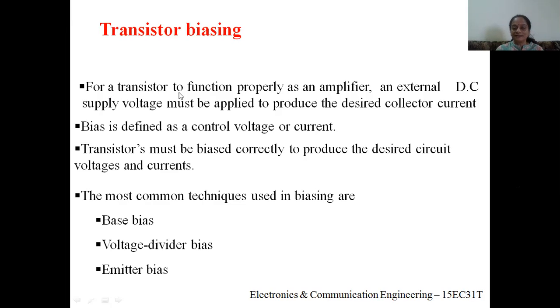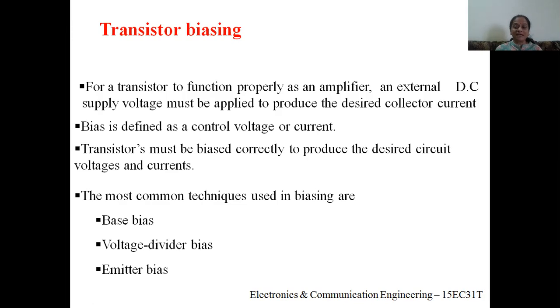For a transistor to function properly as an amplifier, an external supply voltage must be applied to produce the desired collector current. Bias is defined as a controlled voltage or current, and the transistor must be biased correctly to produce the desired circuit voltages and currents. Why do we go for biasing?